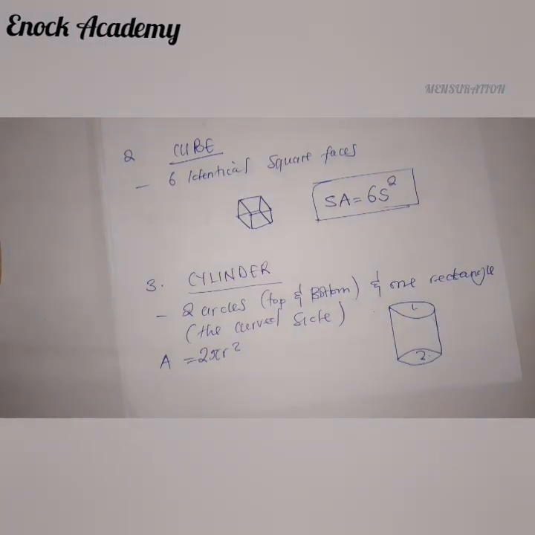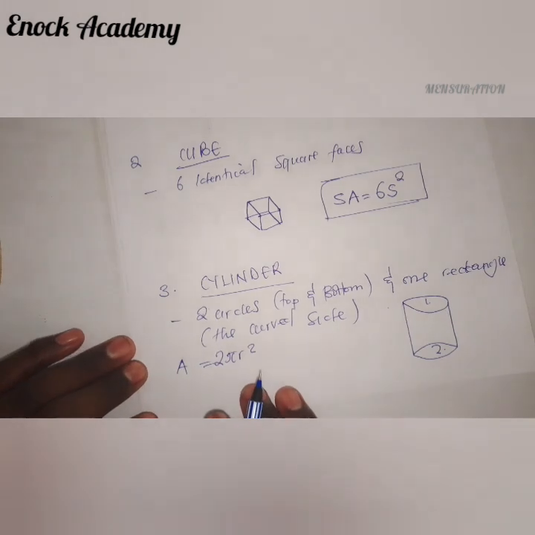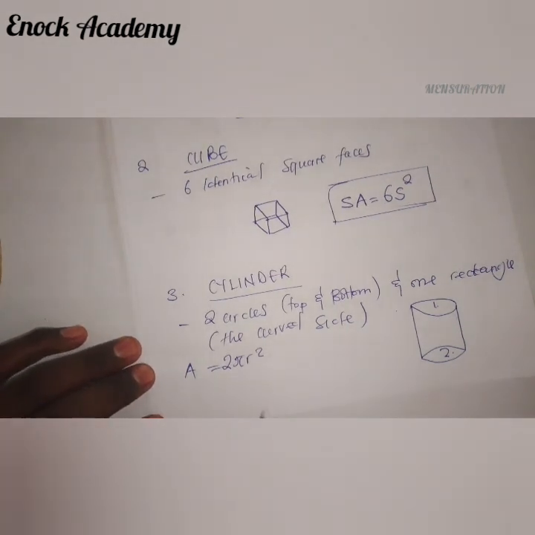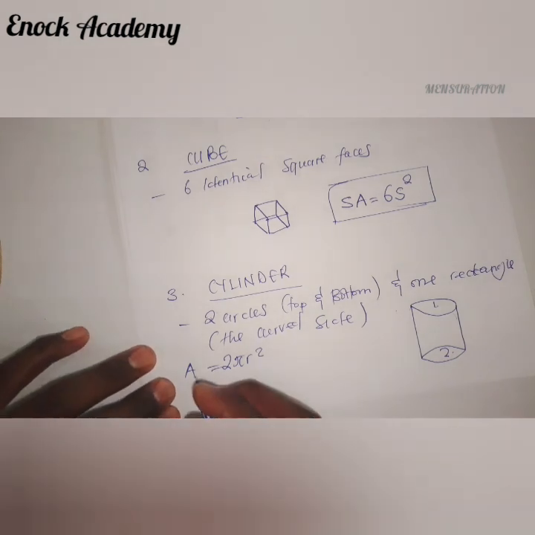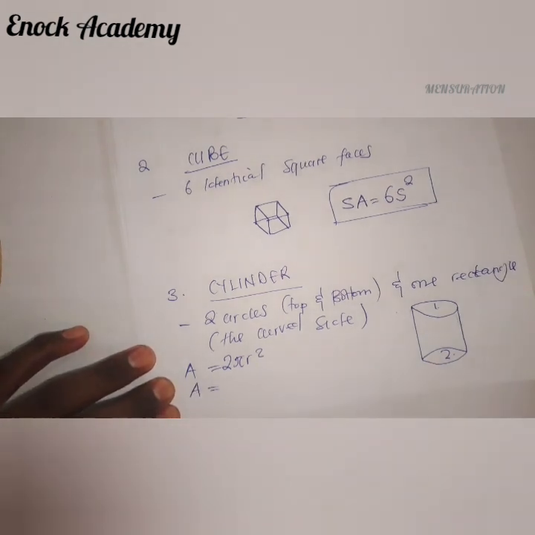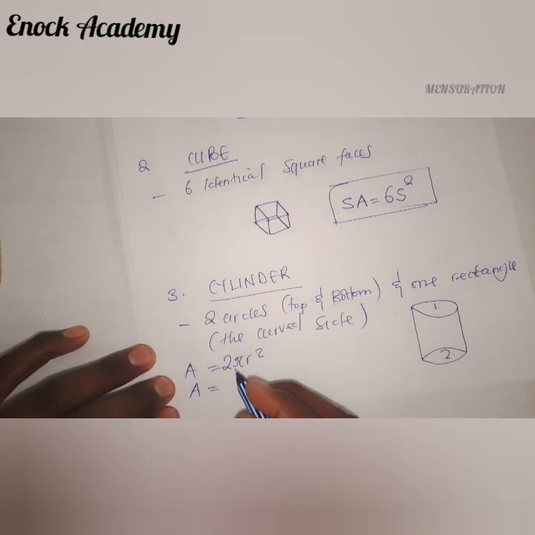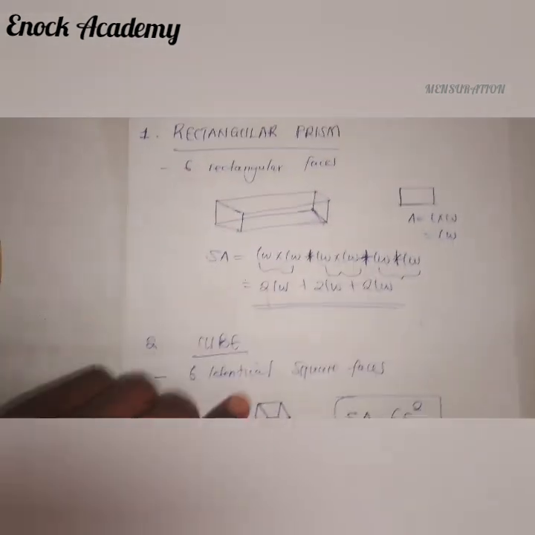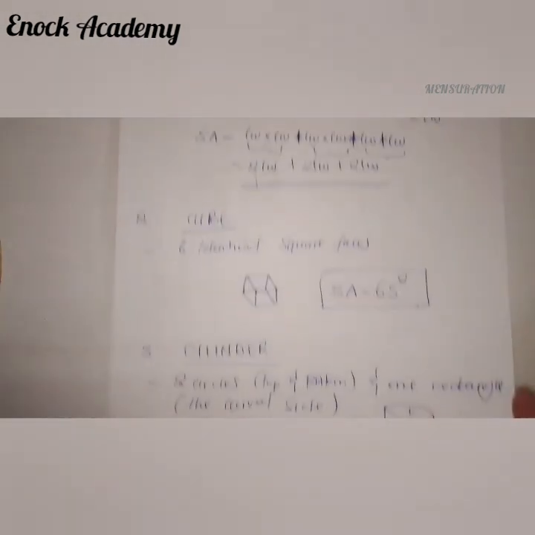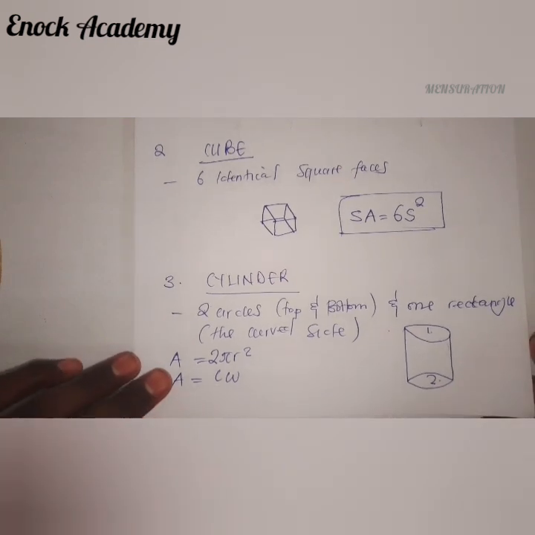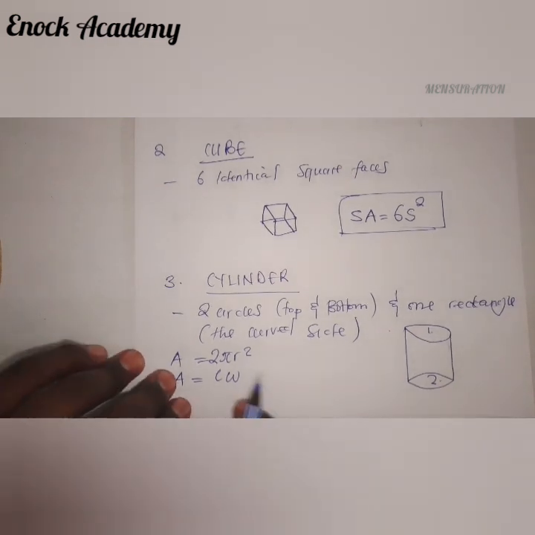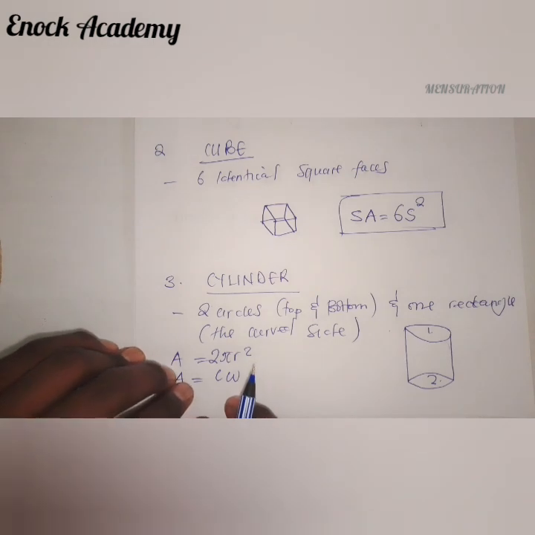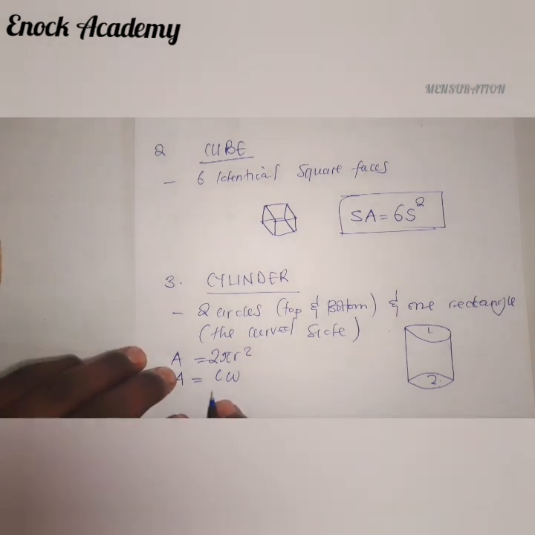The way we find the area of a rectangle is by multiplying the length times the width, like we did here. Now in this case, what's our length? Our length is the circumference of the circle, since this is a curve.